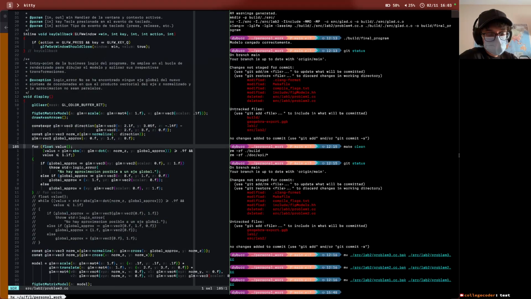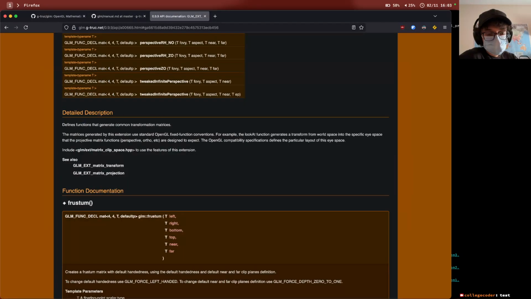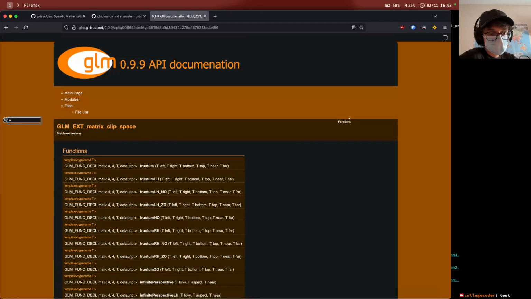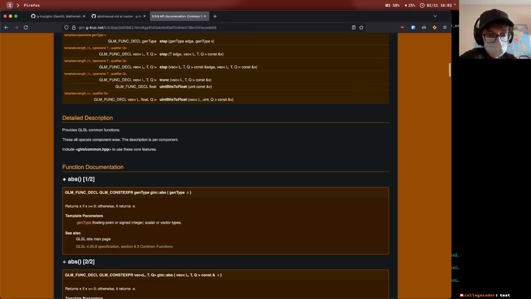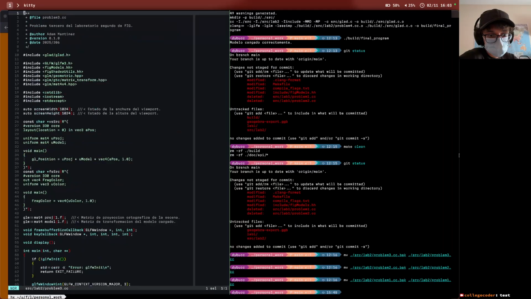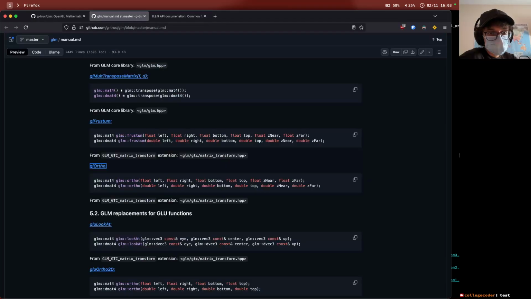Now, the change that I'm most worried about is this one. I'm pretty confident it's still going to be alright, but what was abs provided for? Because I think I don't have the include. It takes a vector in this case, common. So if I want this, wait a second.